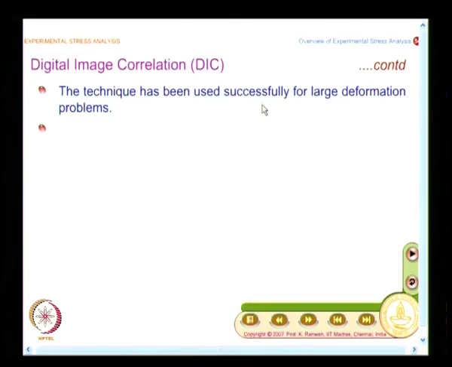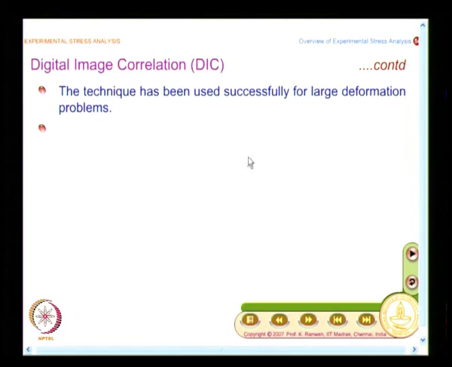Then they refined it by putting 2 grids one over the other, and that is how Moiré was developed. And then from geometric Moiré they graduated to Moiré interferometry, where they could go for finer and finer displacements, and digital image correlation has been successfully applied for large deformation problems.